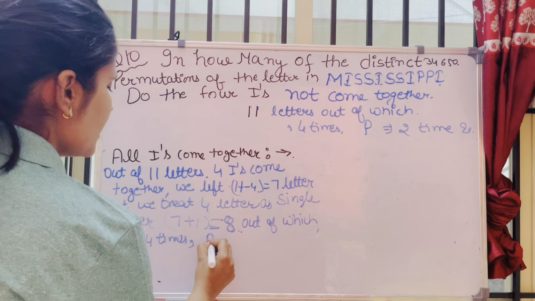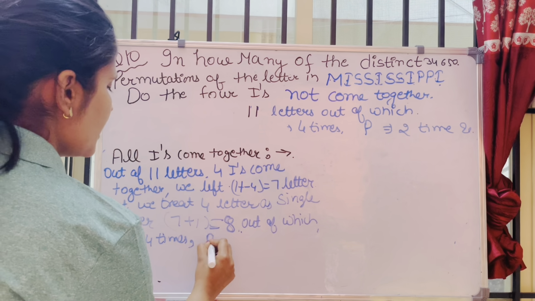So 8 into 7 into 6 into 5 into 4 factorial upon 4 factorial into 2 into 1, and you will get the answer, that is 840. 840 are the arrangements when all 4 I's come together, right?